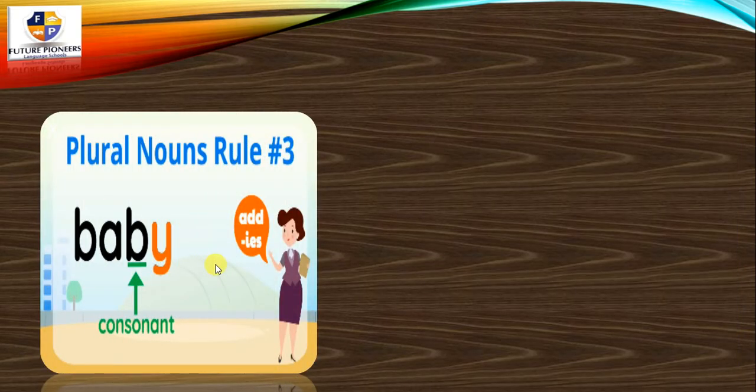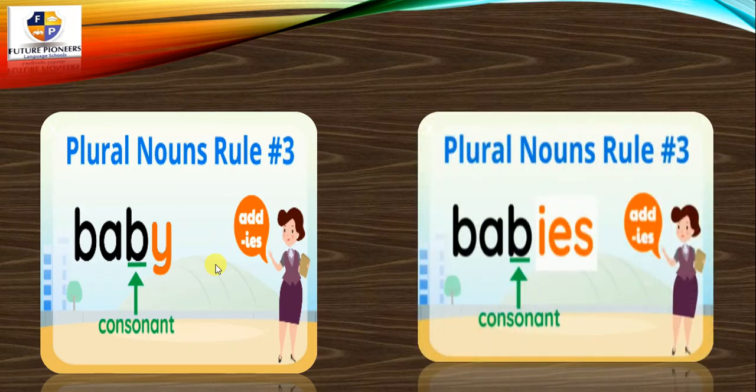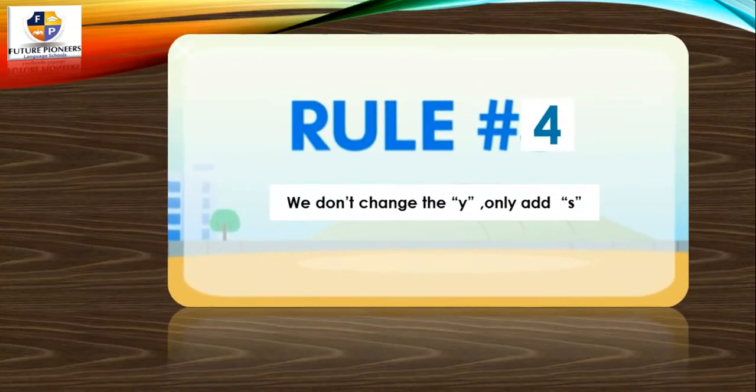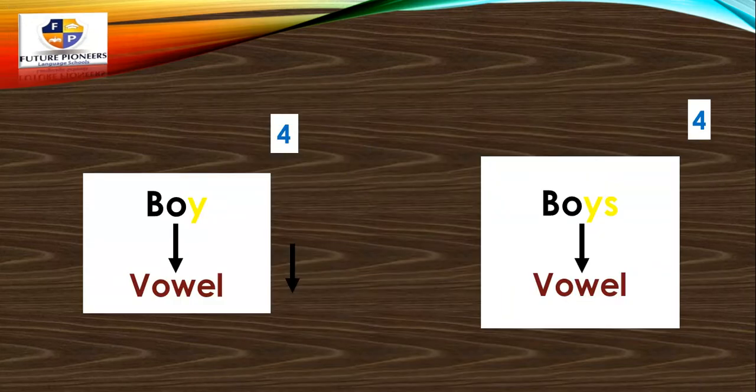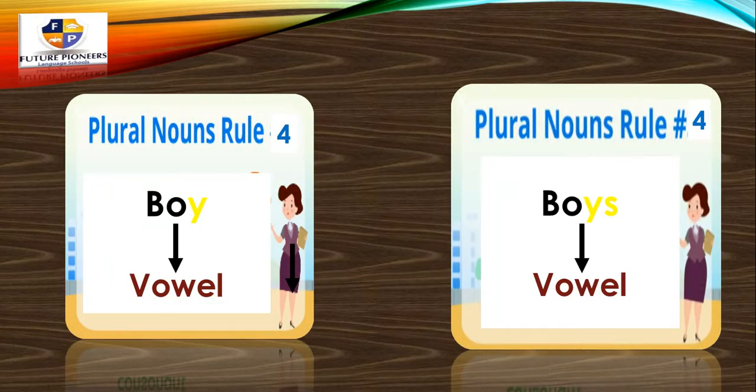Another example: baby. Is the b a consonant or a vowel letter? It's a consonant. So what are we going to do here? We are going to drop the y and add ies. But if not, this is rule number 4. We don't change the y and add s only. When are we going to do that? If the letter before y is a vowel letter, you are not going to drop the y, you just add s.